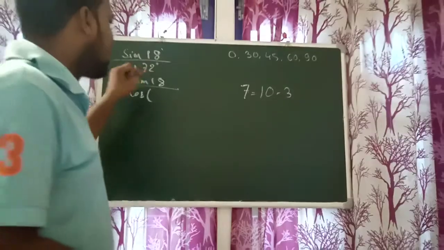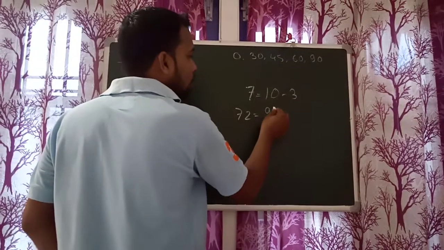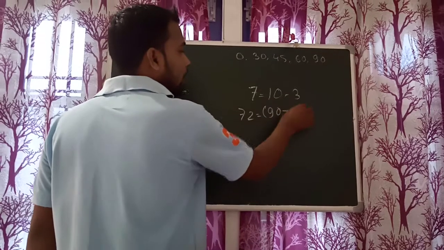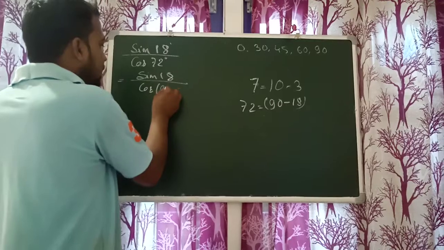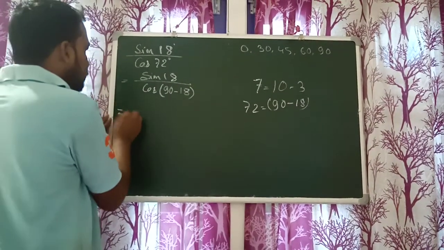Like this way 72 can be written. We know the formula for 90 minus theta. 90 minus 18 is equal to 72. Here we will put 90 minus 18.